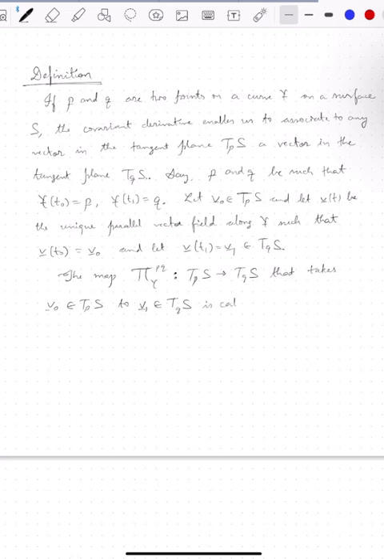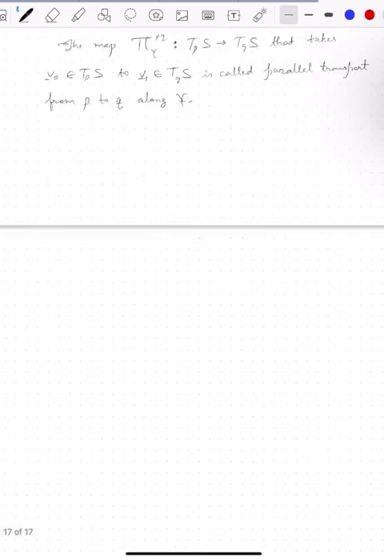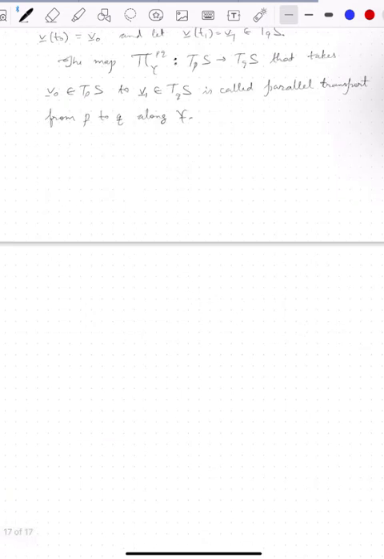This map is called parallel transport from P to Q along gamma vector, right?